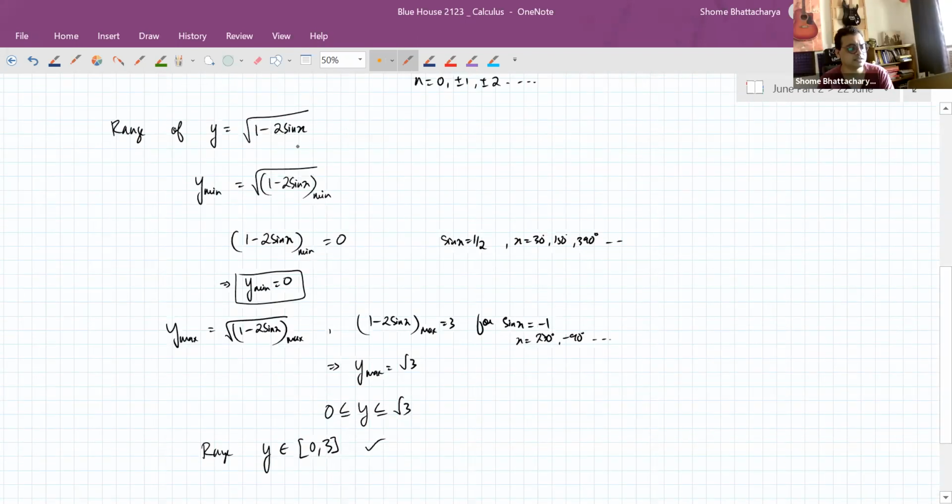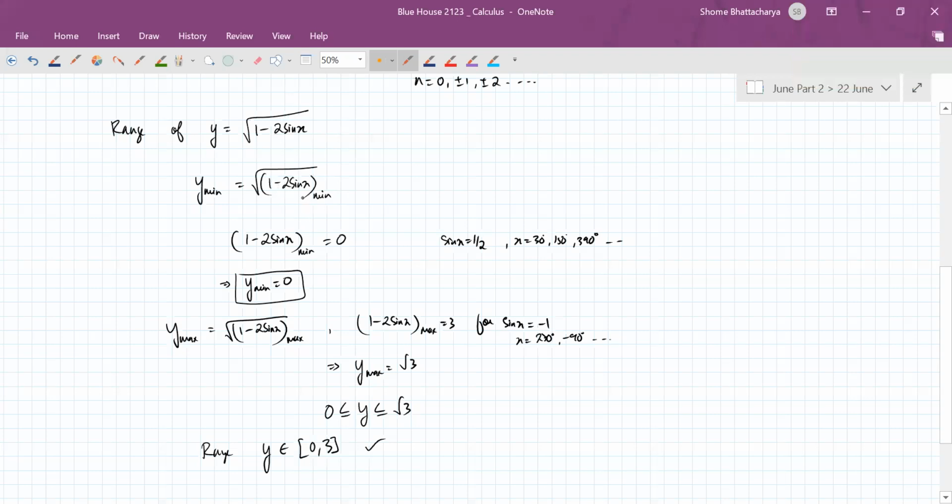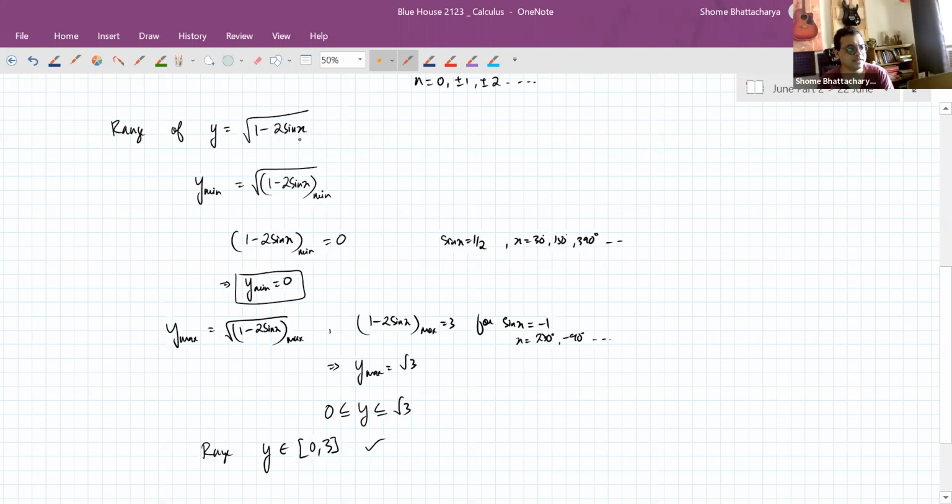When sine x is maximum, no? It's 1 minus 2 sine x, so the minimum value will be when this 2 sine x term is maximum, no? The maximum value of sine x that we can take is half, no? Yes, sir. Understood? And similarly, the minimum value of sine x is minus 1.